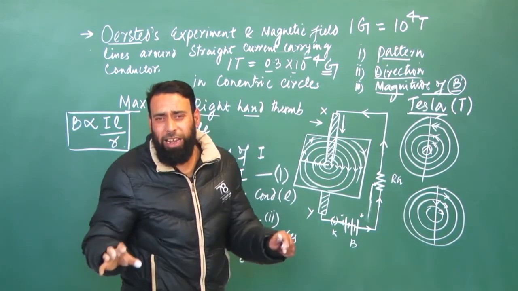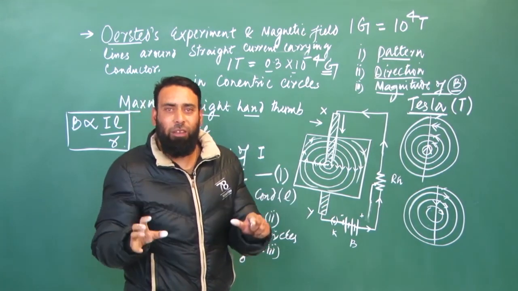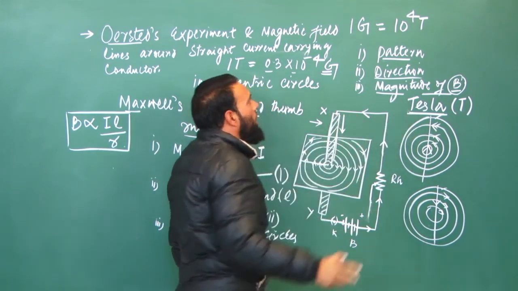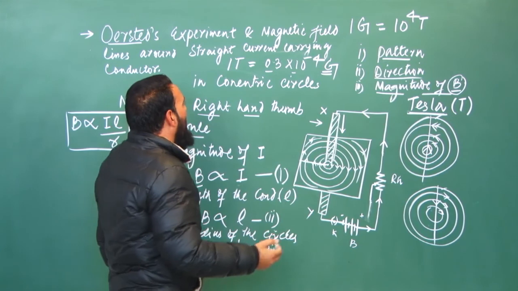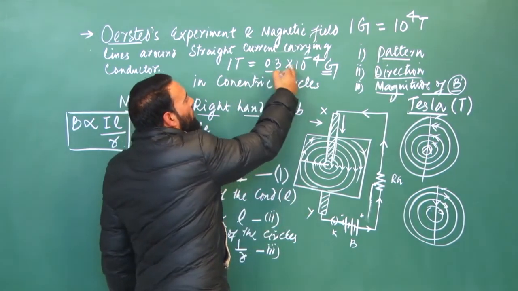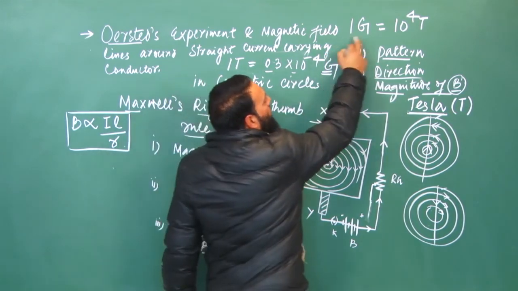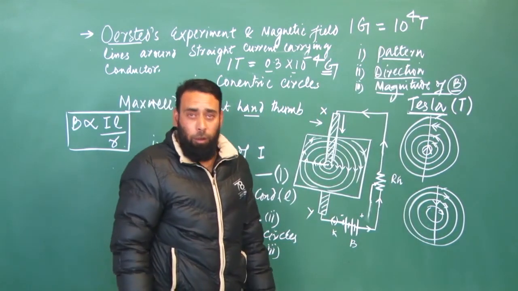So you got an idea that the measuring unit for magnetic field strength is Tesla. This is the bigger unit. The smaller unit is Gauss, G-A-U-S-S. And 1 Tesla is equal to 0.3 into 10 raised to the power minus 4 Gauss, and 1 Gauss is equal to 10 raised to the power 4 Tesla.